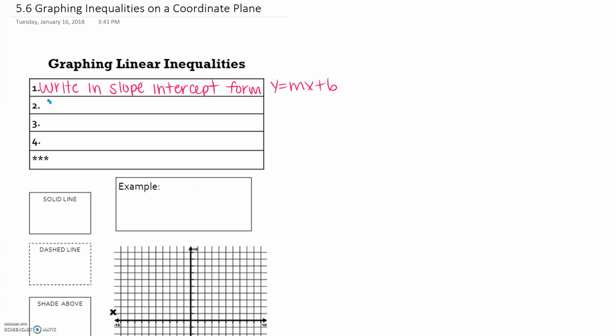So we're going to graph using slope and y-intercept. Then step 3, we're going to decide if we need a solid line or a dashed line.